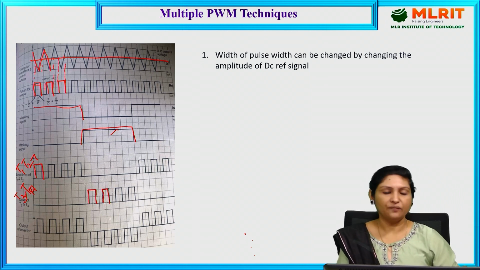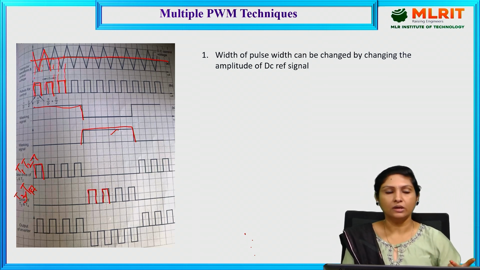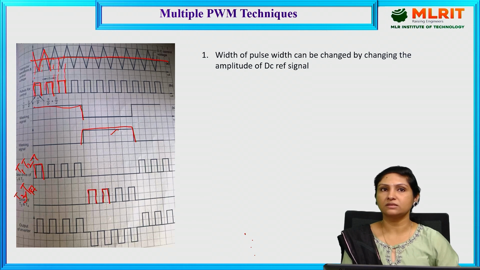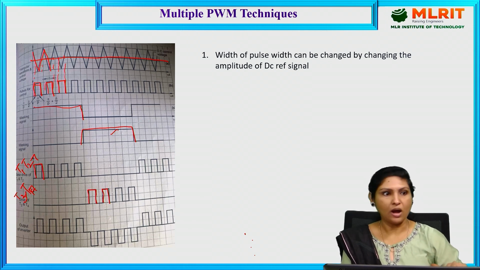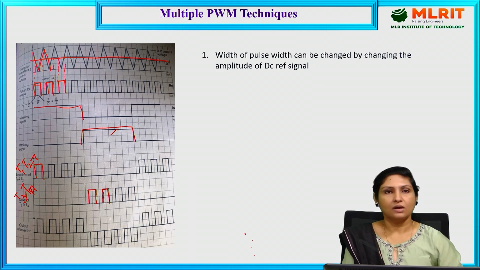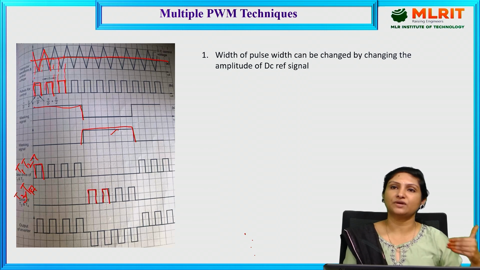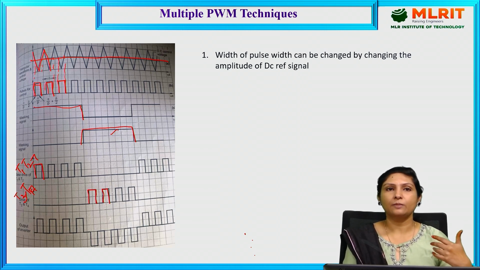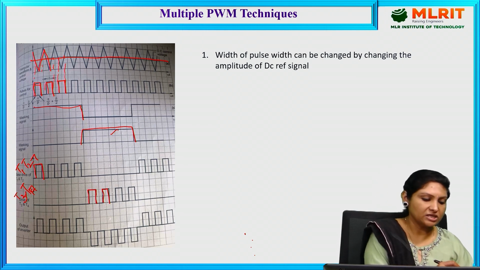Okay, so if you take a full inverter, these are the triggering pulses for transistors 1 and 2, and these are the triggering pulses for transistors 3 and 4. When these are provided as a base drive for the respective transistors, they will be triggered and thereby the resultant output voltage will be generated.